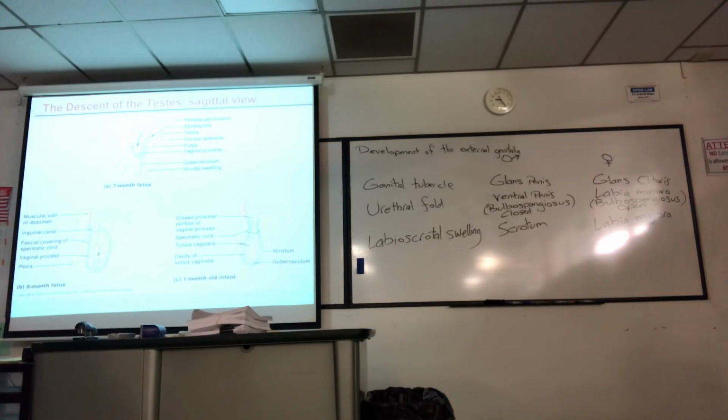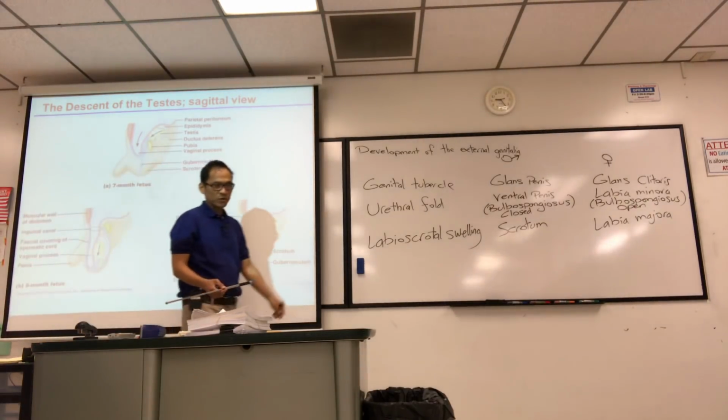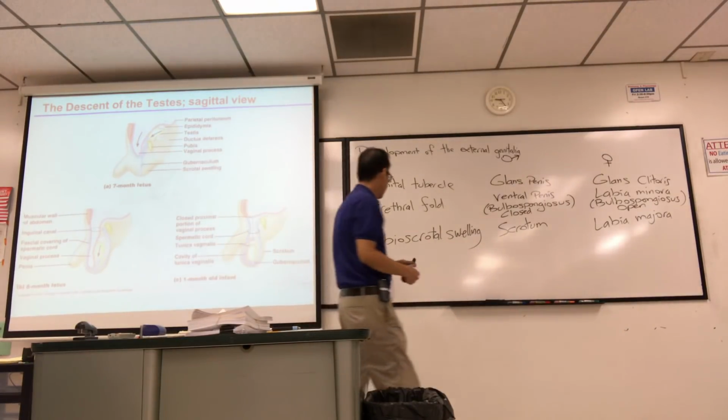The other thing that's different about males and females is that the gonad remains in the pelvic cavity for females, but in males, it descends. At around 7-8 months, and certainly by birth, you should do a visual inspection or palpation to make sure that both testes have descended.